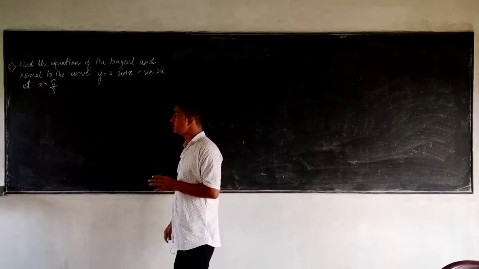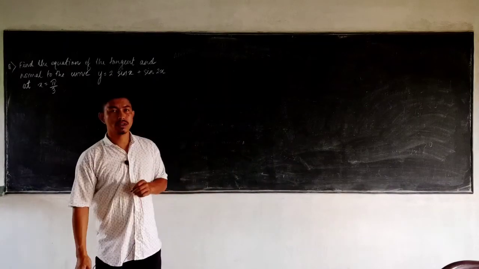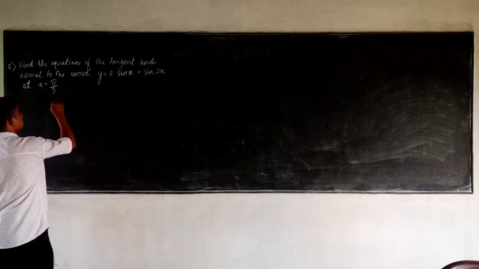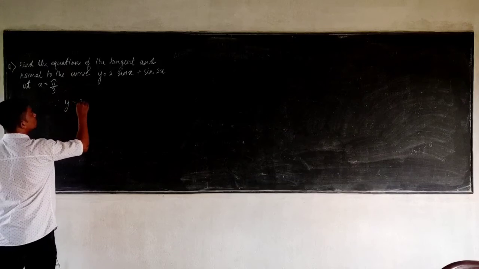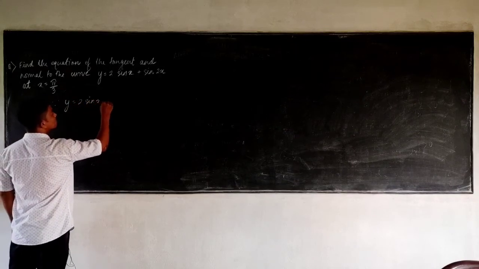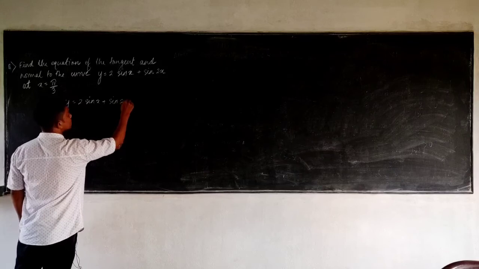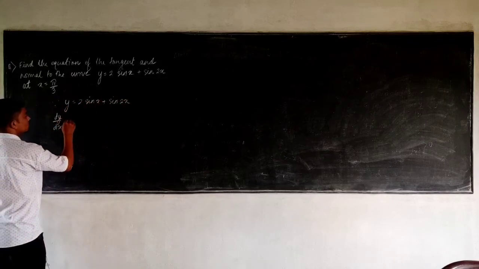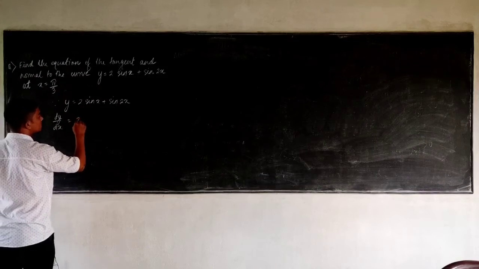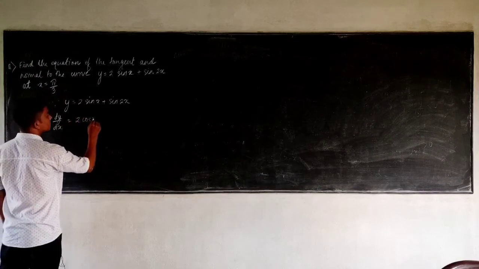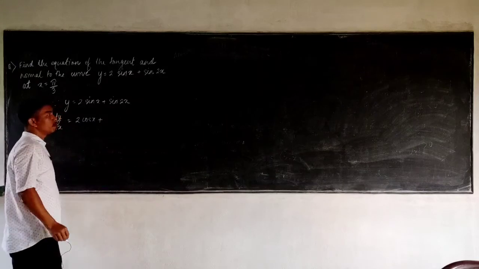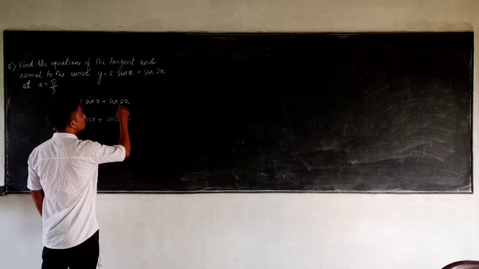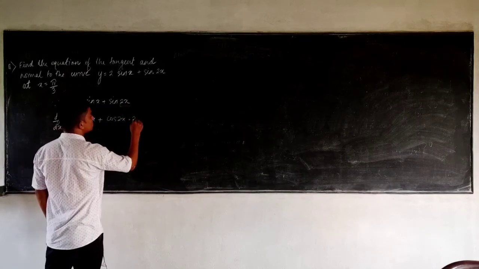So the first thing we do is find the slope. The slope can easily be determined by finding its derivative. Since I have y equals 2 sin x plus sin 2x, differentiating this, dy by dx will be equal to 2 cos x plus the derivative of sin 2x, which is cos 2x into, again differentiating 2x, 2.